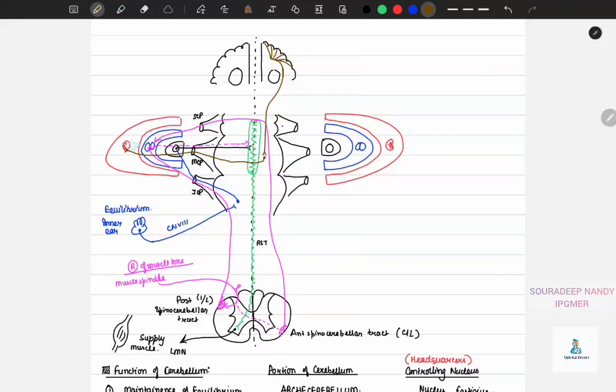From the nucleus denticus, this information is tuned and refined and sent back to the red nucleus present in the midbrain. From the red nucleus, the information is sent to the thalamus, and from the thalamus it is sent again back to the cerebral cortex.